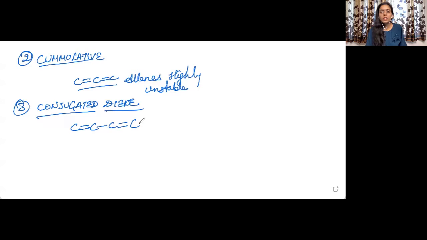So this is a conjugated diene. These are the most stable dienes. Understanding of a conjugated diene is very important to understand what is resonance. So let us now go into the detail of a conjugated diene or a conjugated system.